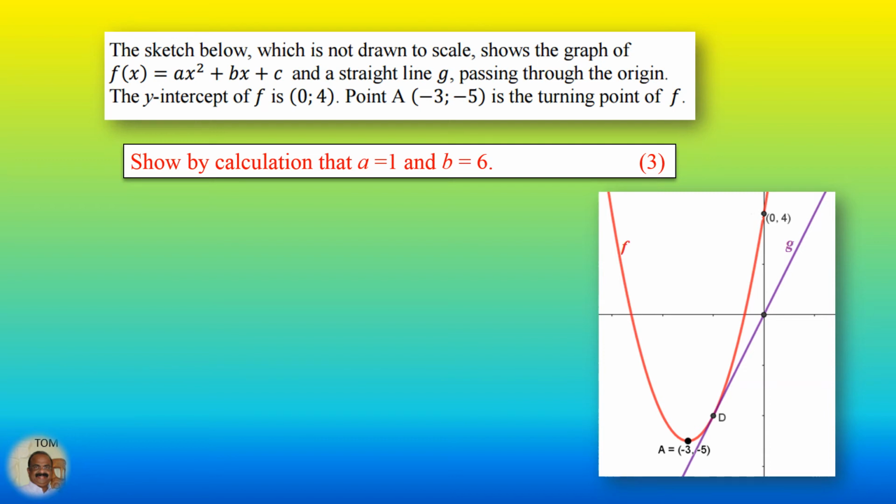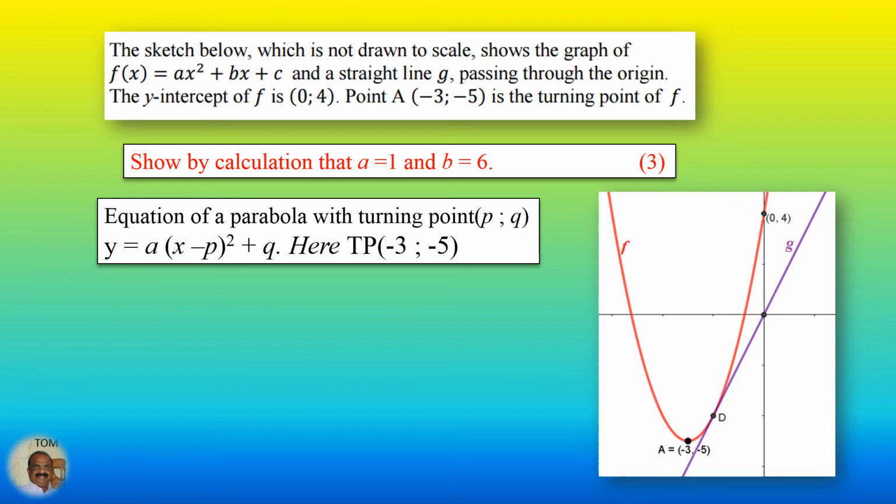(-3, -5) is a turning point. We don't have the x-intercept to develop the equation, so we depend on the turning point (-3, -5), and we know a formula for that.